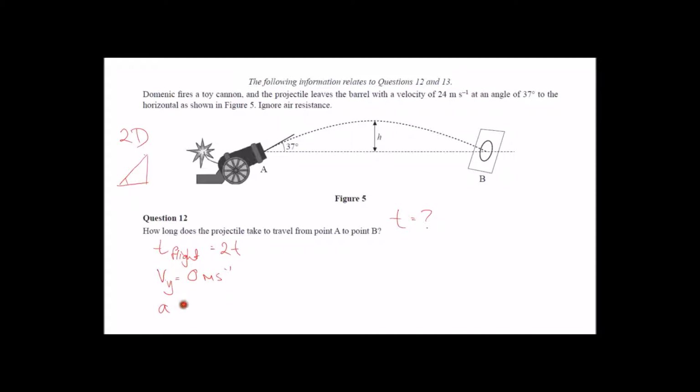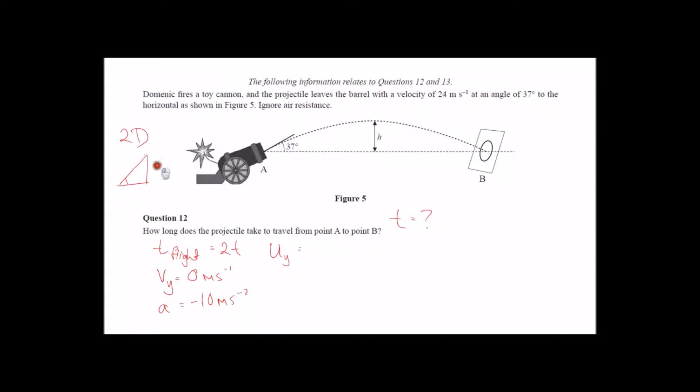Now it's accelerating at, I'll say minus 10 meters per second squared, because it's in the direction against the initial velocity. Then what I've got to think about is what is my initial velocity in the y direction, and got to think a little bit about trig here.